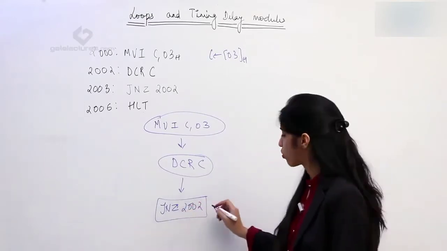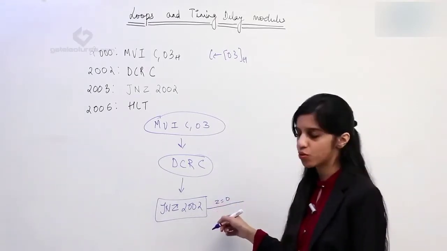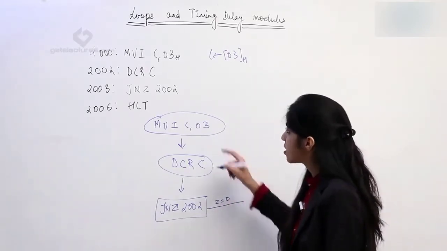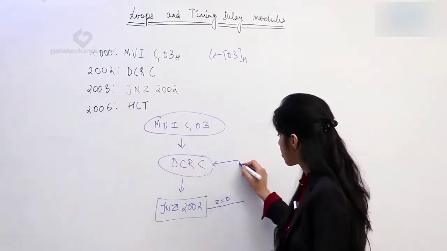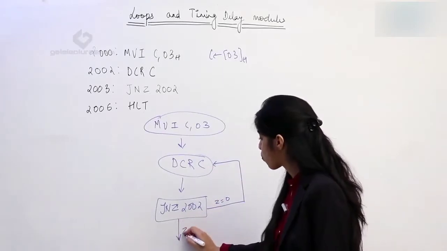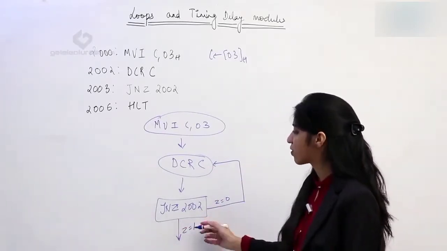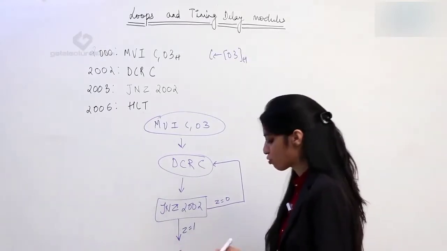If not 0, that is if the Z flag is 0, jump to 2002, DCR C. If the zero flag is 1, that is if the condition is false, the program is going to stop.